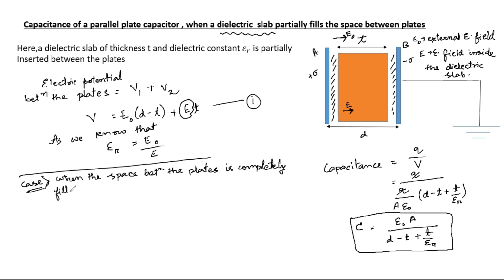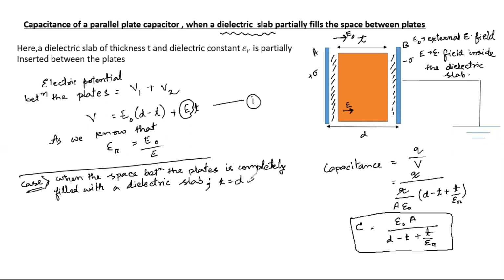All right. So when I say that it is completely filled with dielectric slab, what it means is that this separation T and this separation D, both of them are equal.